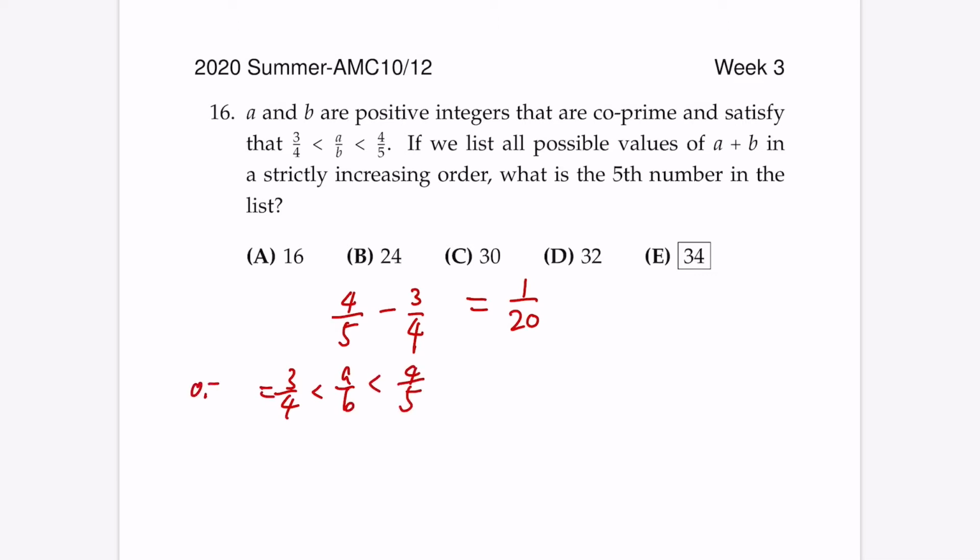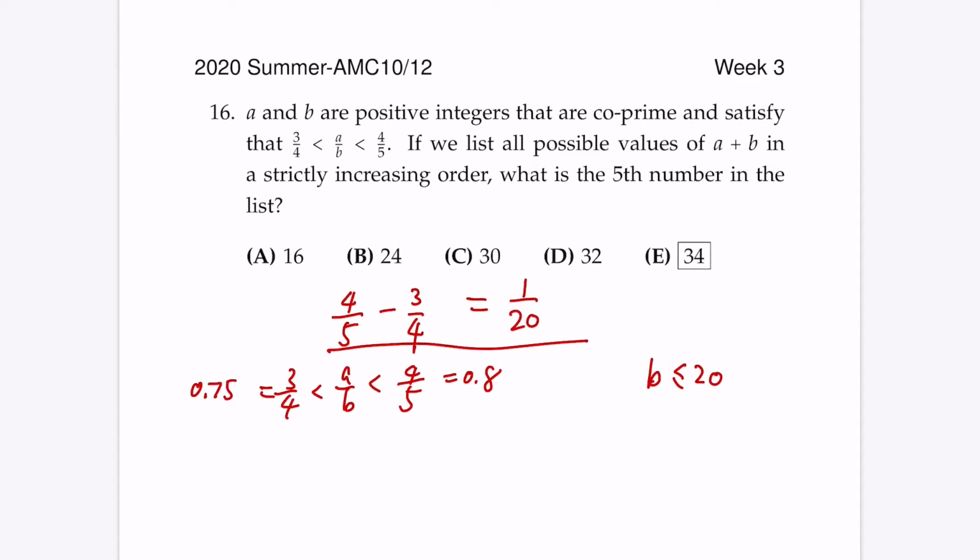This is 0.75. This is 0.8. As long as B is less than or equal to 20, there's a unique A for each B such that it is between 3/4 and 4/5, because otherwise their difference would be bigger than 1/20.